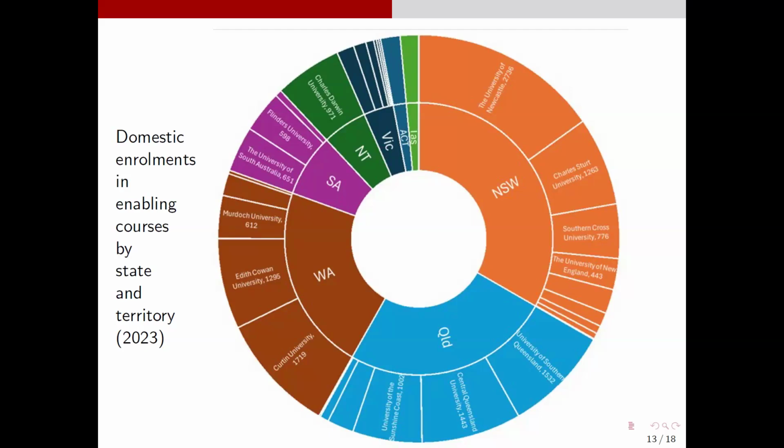The Northern Territory, while it's large in area, is very small population-wise, yet it has a substantially larger proportion of enabling students. But there's a lot of disadvantage. A lot of students will need extra work to get into university there, so it's not surprising it's got a reasonable slice compared to population.